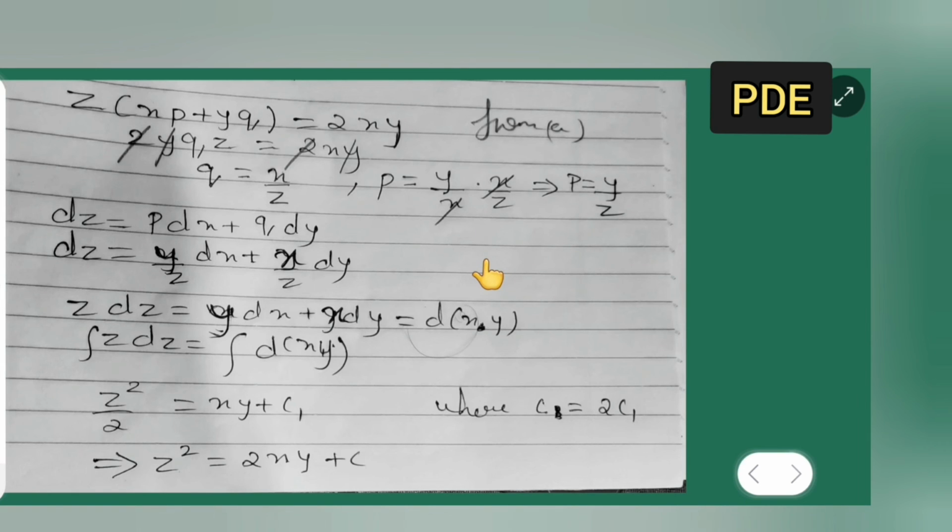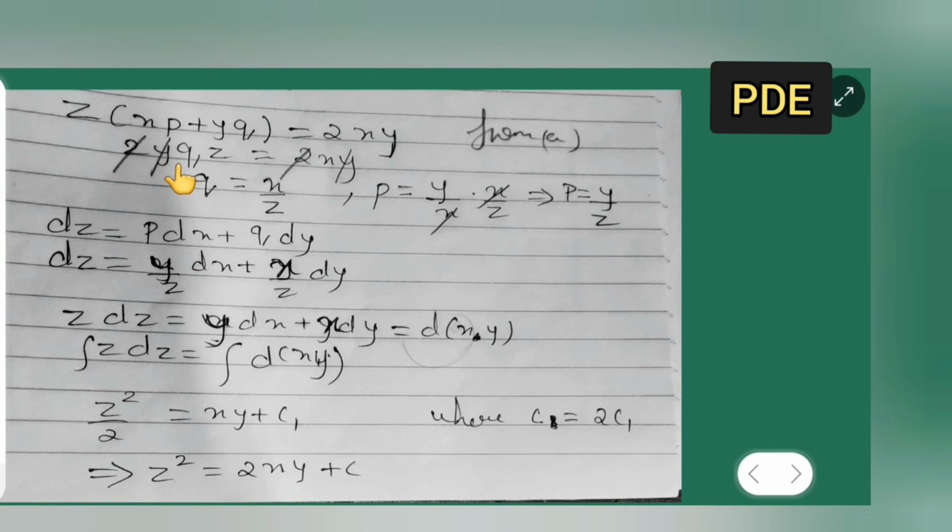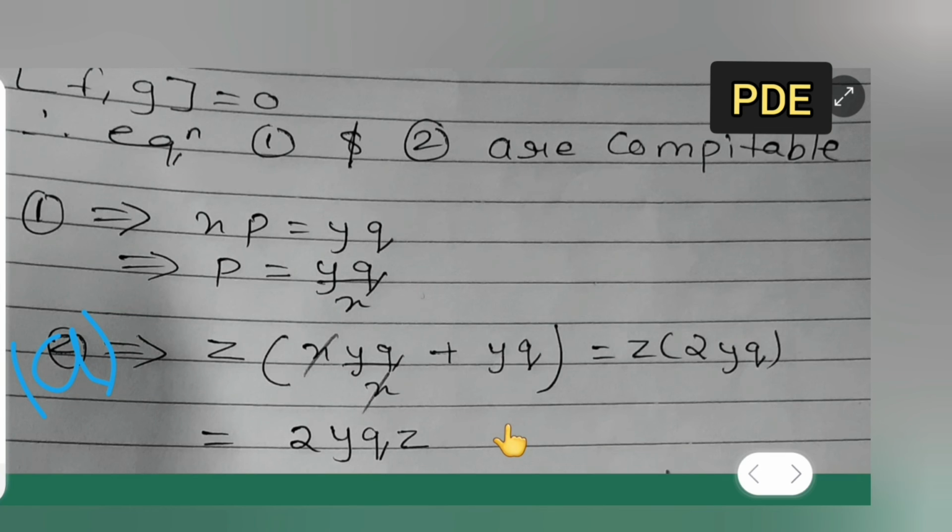Next what I am going to do is write this z of xp plus yq is equal to 2xy. This is from A. Okay, you all can see the equation A. So from A, substitute the value. Now what you got for this? z of this was nothing but what? I am going to get 2yqz.